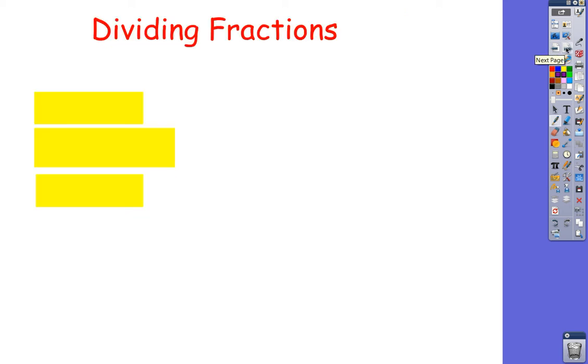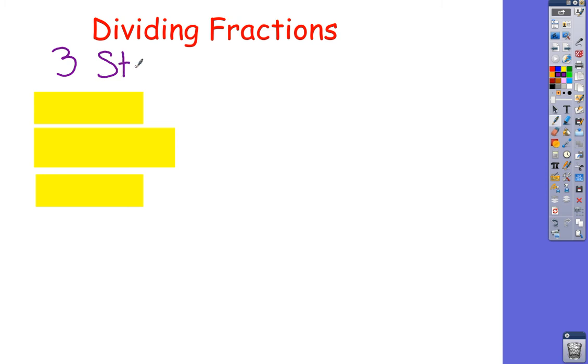Okay, now what I want you to do right now is to please take a few notes as I'm talking to you about dividing fractions. The heading on your notes should be dividing fractions, and if you need to pause this video to write your notes, please do so. There are actually only 3 steps when you're dividing fractions.